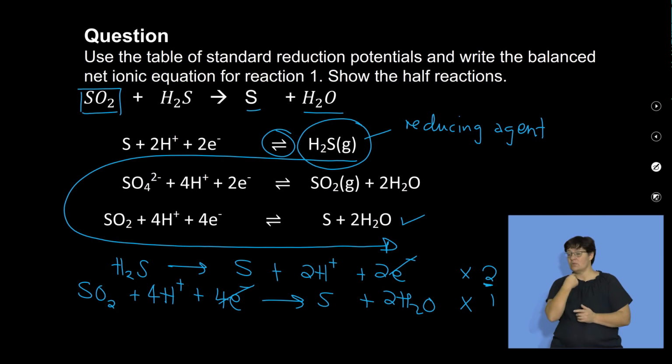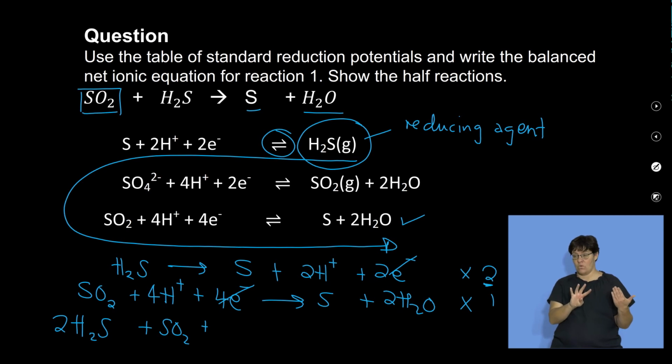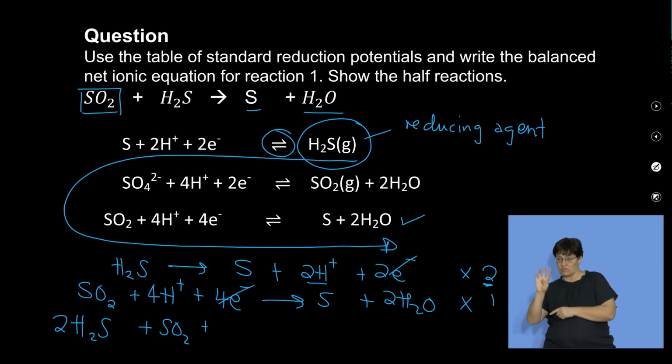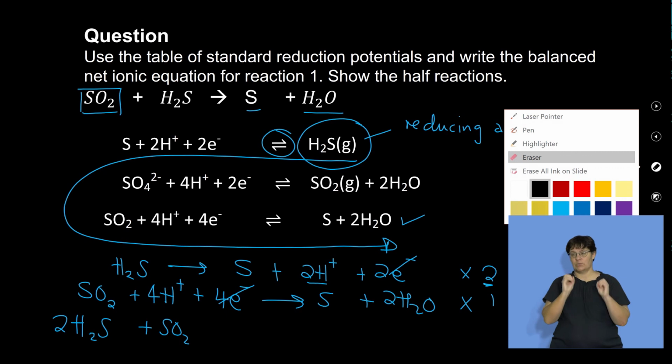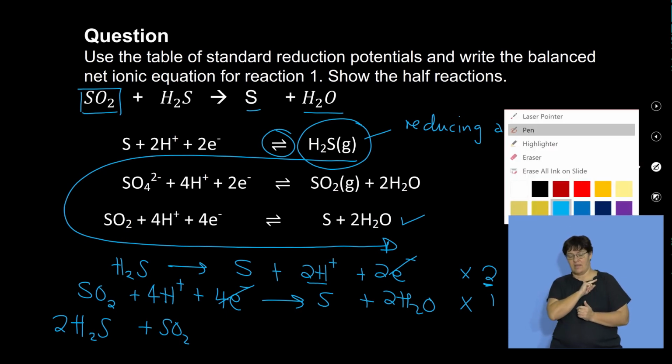If we multiply this by 2, it's going to be 2 hydrogen sulfide, plus sulfur dioxide, plus on the left we'll have 4 hydrogen ions and 4 on the right because we multiplied 2 by that 2. So these will take care of each other, so we can remove the hydrogen ions. They won't be part of the equation overall because we've managed to take care of the balancing.